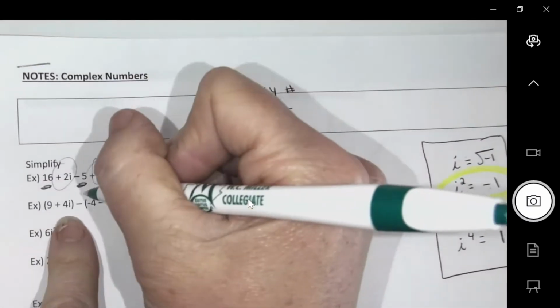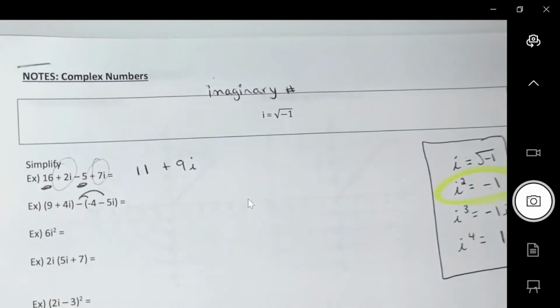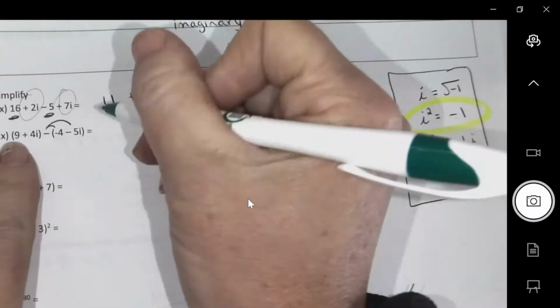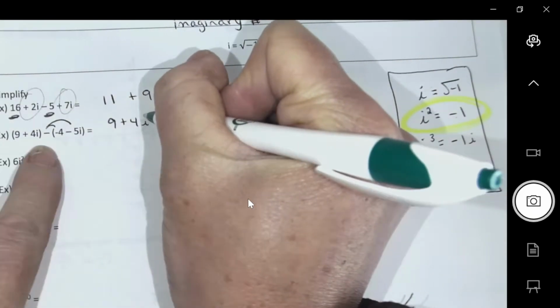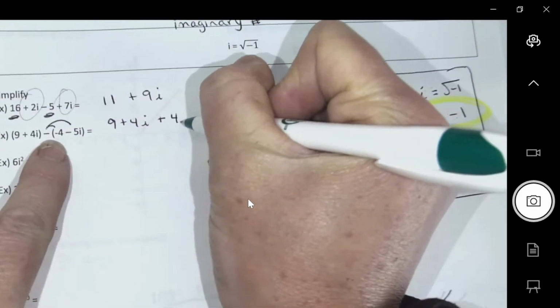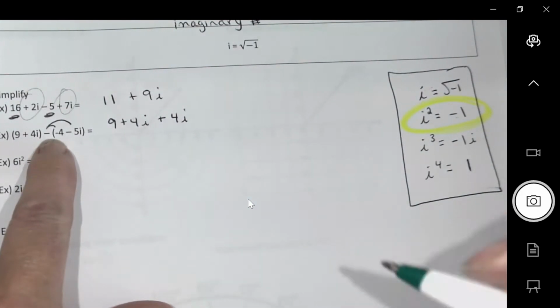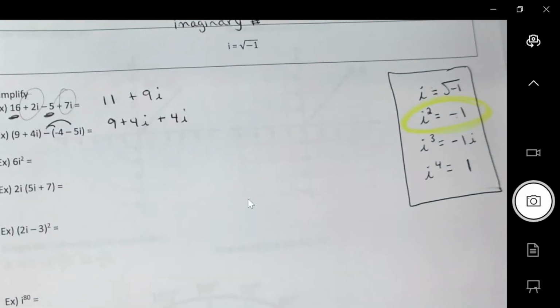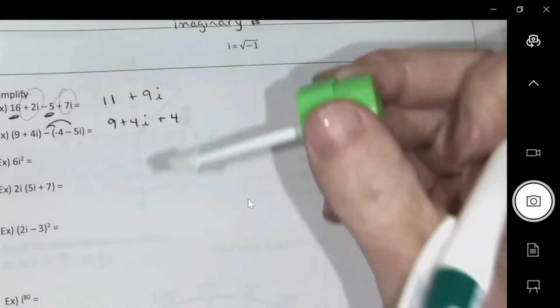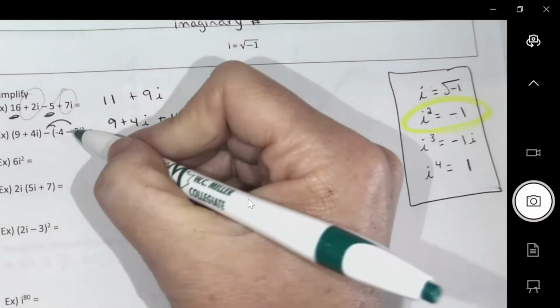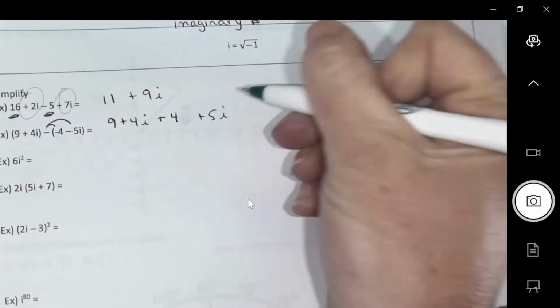Number 2, I will have to be careful here just to distribute this bracket. So I'm going to rewrite the last part of this, plus 4, there's a plus 4 and then negative, so plus 5i.